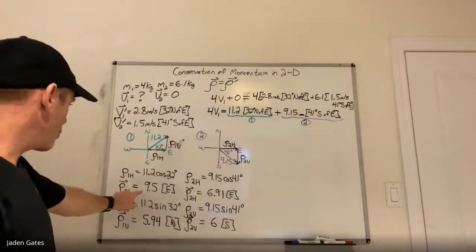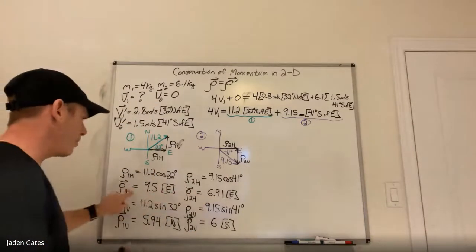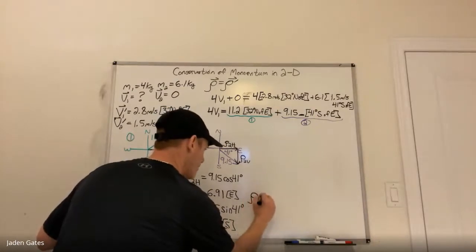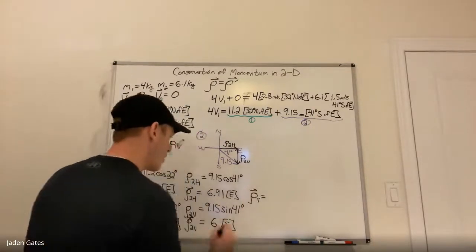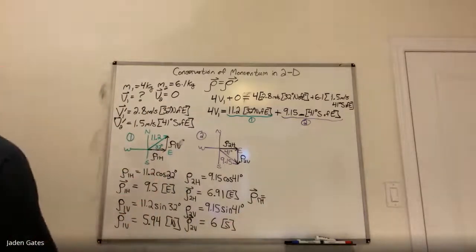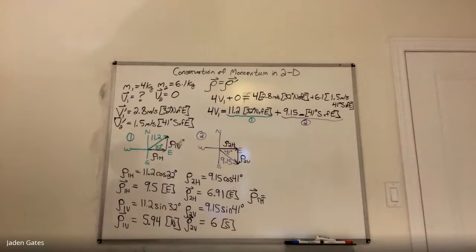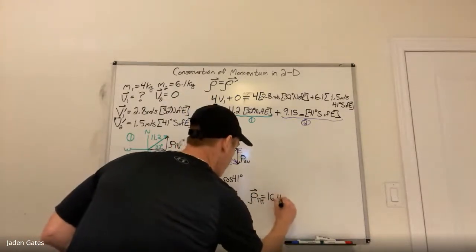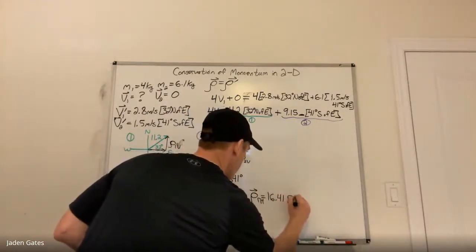Now look at this. I get 2 east here on the horizontal. So my ρr for the resultant, horizontally, let's throw an h in there, add 9.5 plus 6.91, and I get 16.41, and the direction is east.